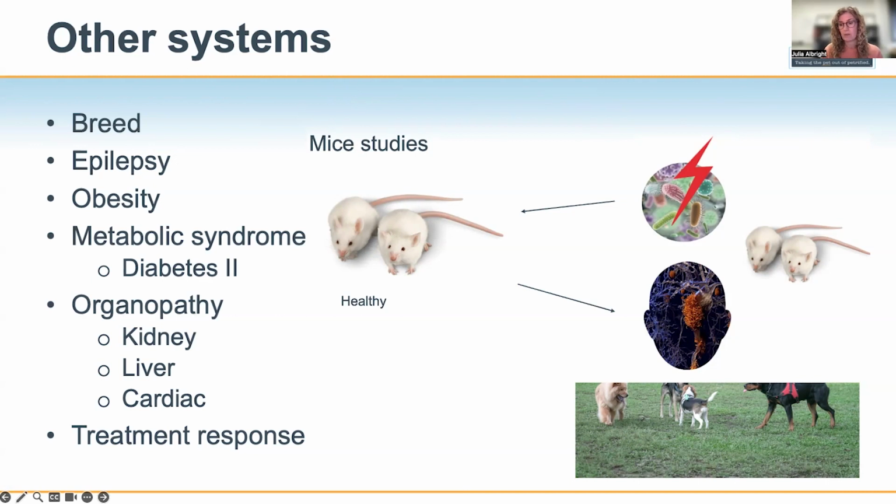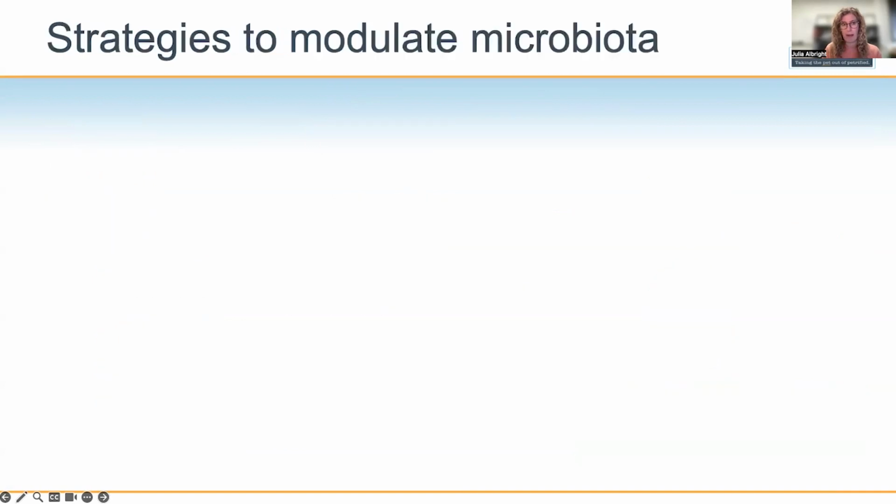The result was a significant improvement in their response to treatment. So again, all really cool stuff going on, and we'll talk a little bit more about strategies that maybe we can use to support treatment therapies.